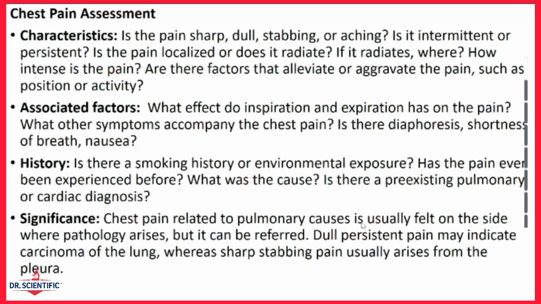There are some chest pains that can be relieved by positional changes like sitting upright, or splinting the chest. Associated symptoms, like chest pain that is accompanied by cough, by fever, by sputum production, are some of the things that you can check.